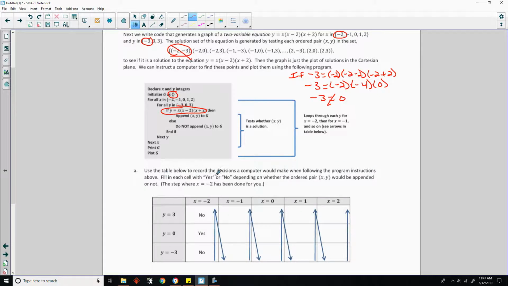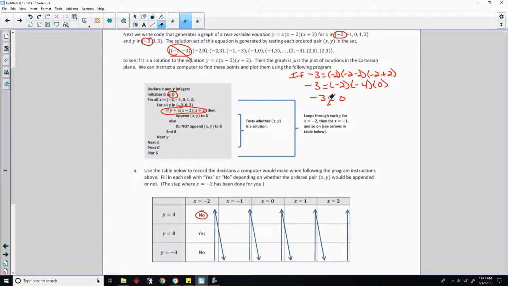Fill in each cell with yes or no, depending on whether the ordered pair x, y would be appended or not. The step where x equals -2 has been done for you. So I just did -2, -3, and when we checked it, -3 did not equal 0, so that's this no right here. Then they went back and plugged in 0 for y.